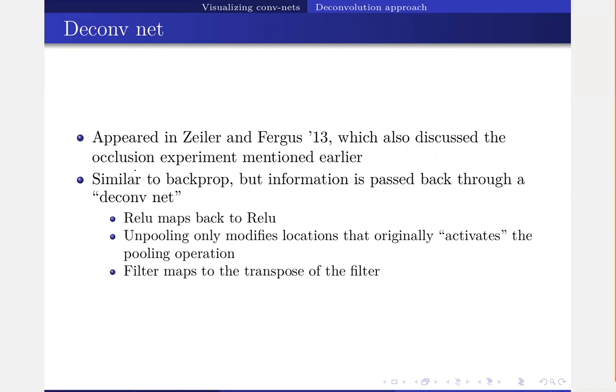So for the pooling, remember we mentioned last time, when we talked about semantic segmentation using a CNN, typically you downsample the image, right?